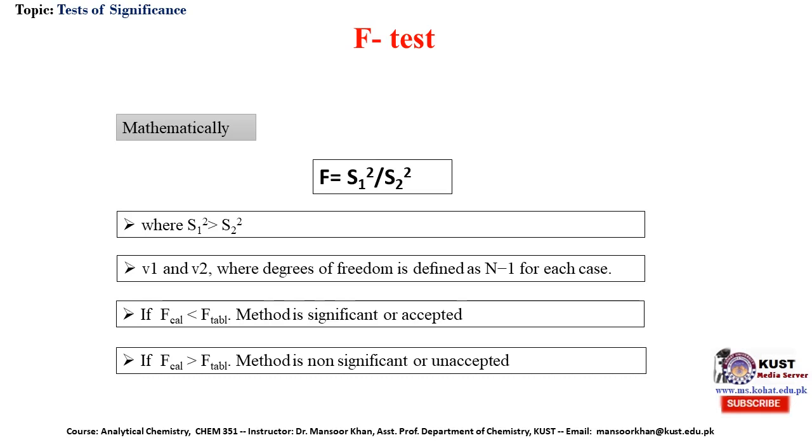It means that if the F value is greater than F tabulated, the method is less precise as compared to the accepted or standard method. But if F calculated is less than F tabulated, then the precision of your method is greater as compared to the already published method.